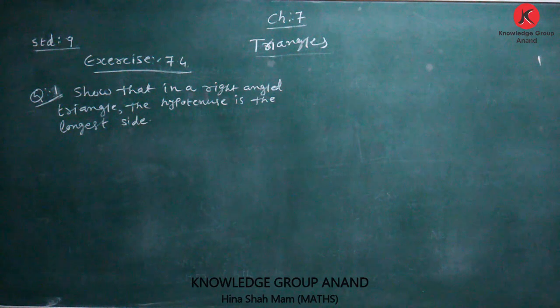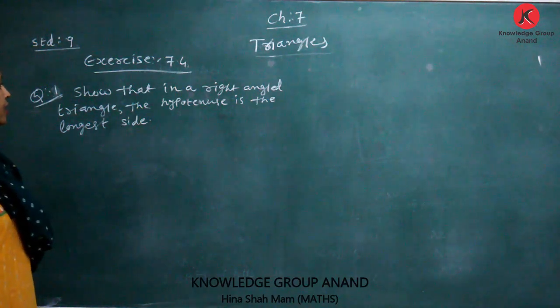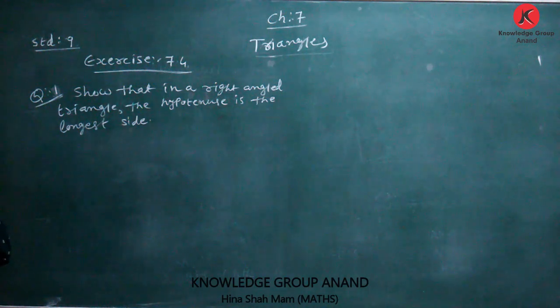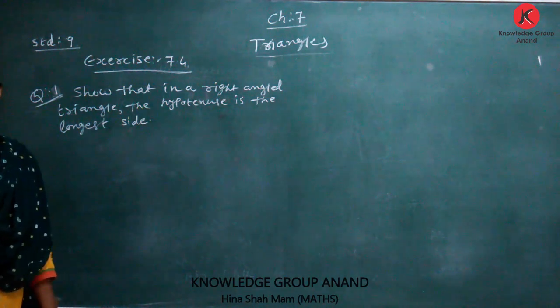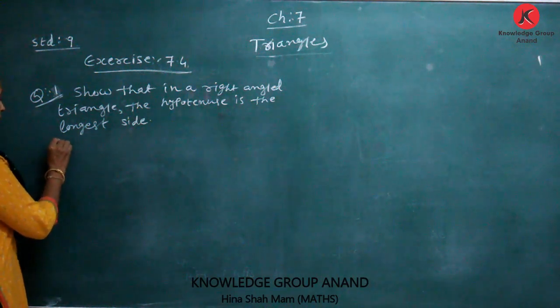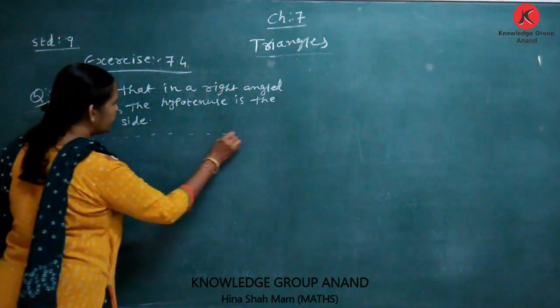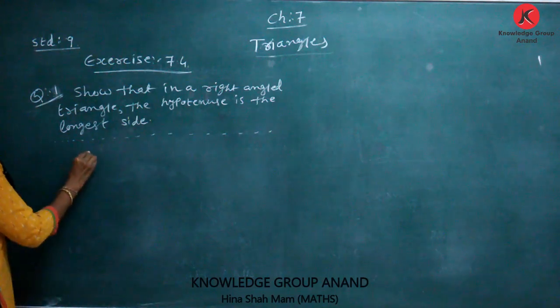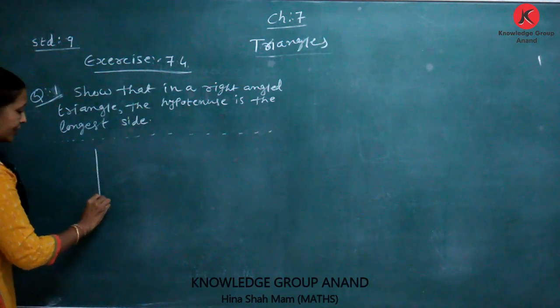Now we start exercise 7.4: prove that in a right angle triangle, the hypotenuse is the longest side. In this question, first we draw the figure.